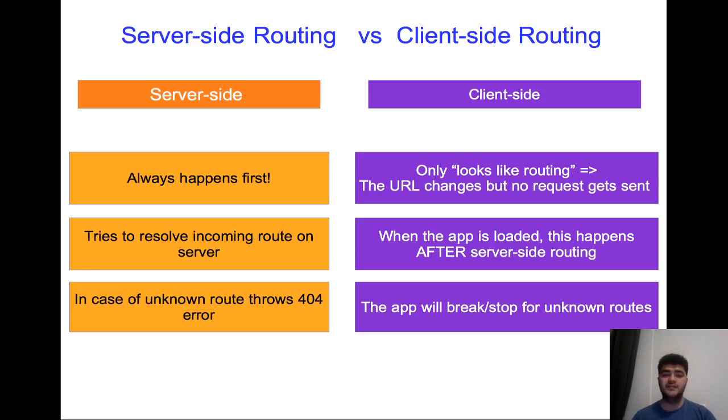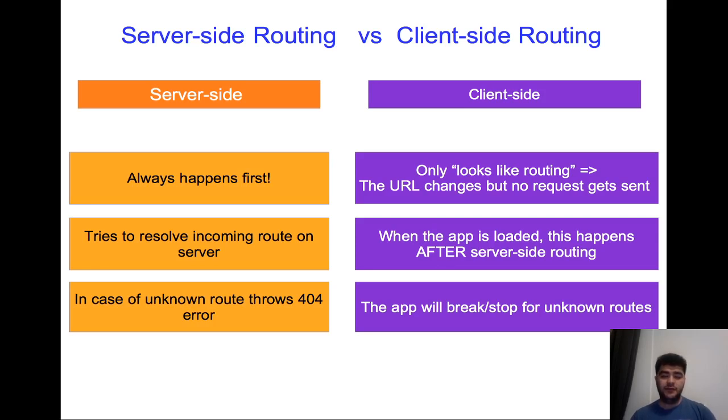But client-side routing is something like all the files, all the documents, the info, the data is already at the client side. So it only looks like routing: the URL changes, but no request gets sent to the server. So it only re-renders the DOM parts, like the needed components.